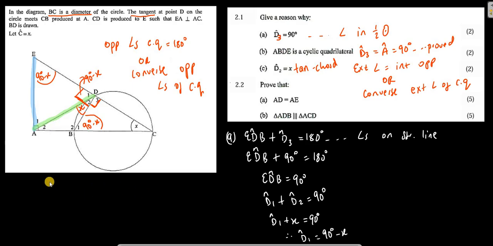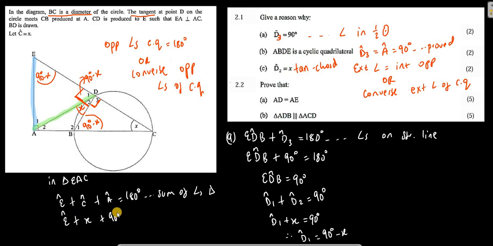Which shouldn't be difficult, because if we look at triangle EAC, we just tell them that angle E plus angle C plus angle A should give us 180 degrees, reason being sum of angles in a triangle. So angle E we do not know, but angle C we know that it's X. Angle A we know that it's 90 degrees, equals 180.